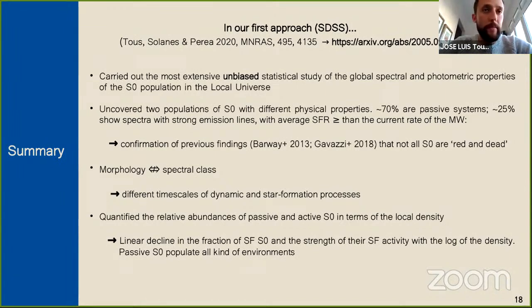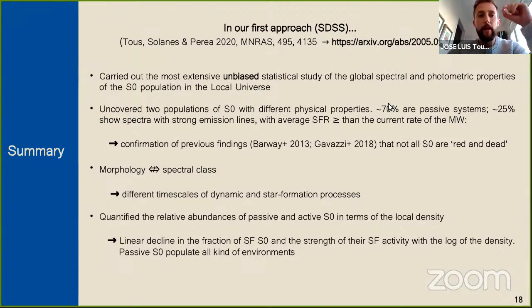So let me just go through the summary of our contribution. In 2020, we carried out what would be the most extensive and unbiased statistical study of the global photometric and spectroscopic data of the S0 galaxies in the local universe.